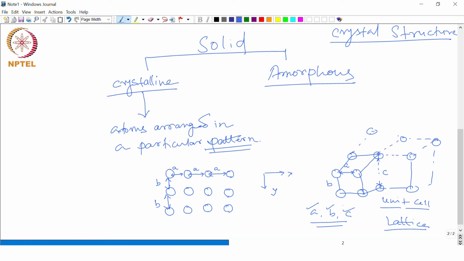So, this kind of material is a crystalline material, and in this case you have seen that this unit cell has taken the form of a cube, okay, where the atoms are in the corners of this unit cell.